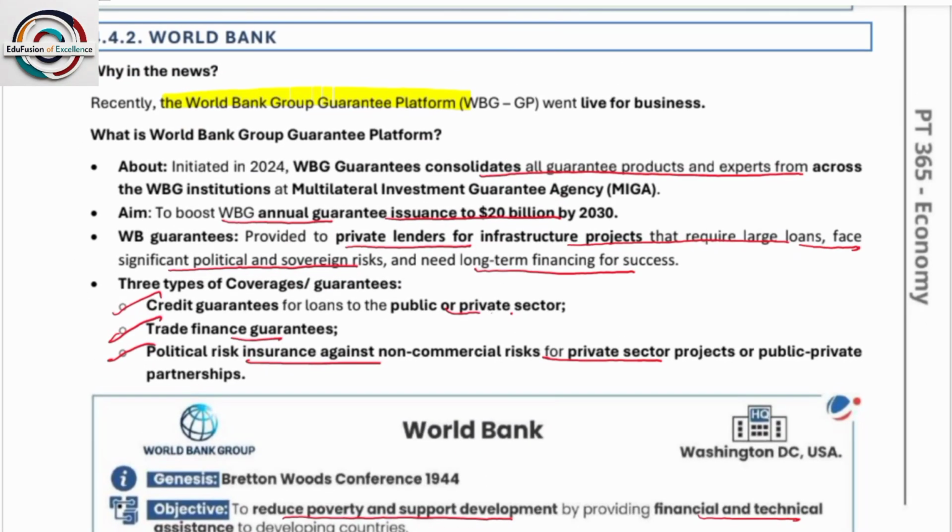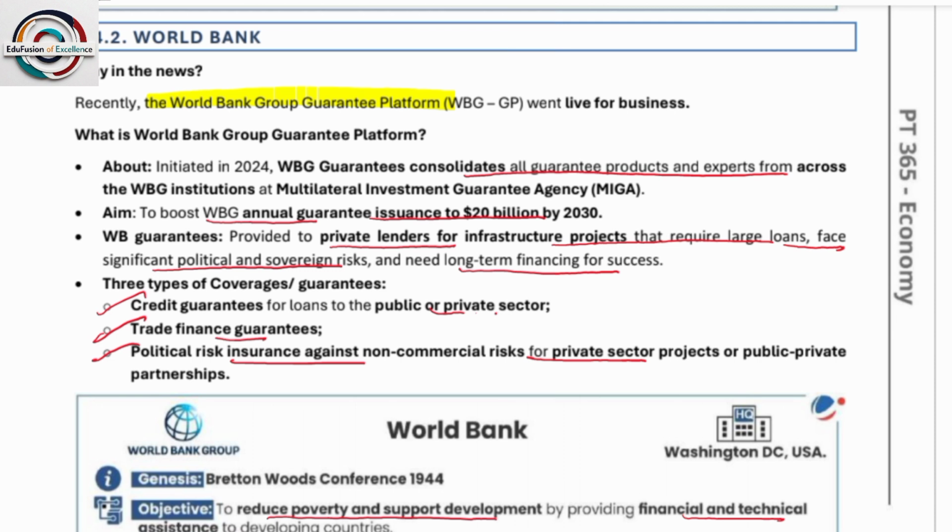Next, the World Bank, which is another part of the Bretton Woods Conference outcomes. So the World Bank Group Guarantee Platform and Lift for Business. So what is the World Bank Group Guarantee Platform? The World Bank Group Guarantee consolidates all guarantee products and experts from across the World Bank Group institutions, including the Multilateral Investment Guarantee Agency.